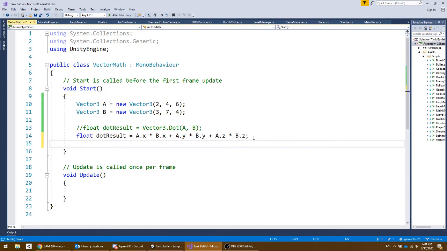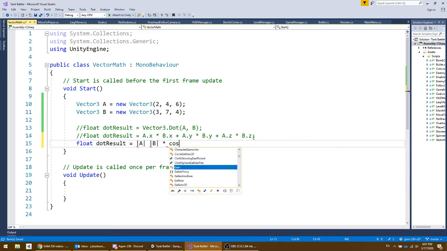There's an alternative calculation too that's equivalent. If I were writing it in math notation, it would look like the magnitude of A times the magnitude of B times the cosine of the angle between them, whatever that angle is.